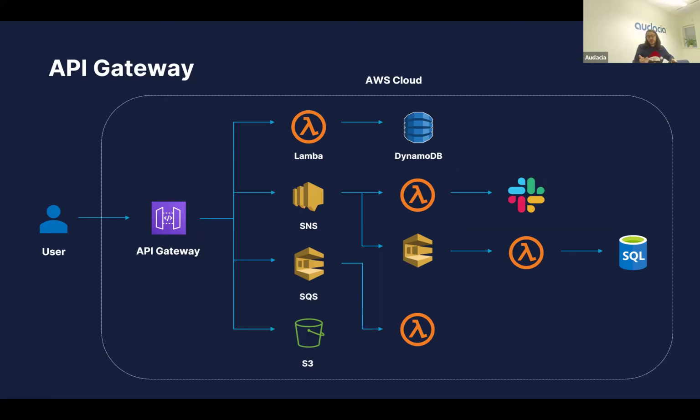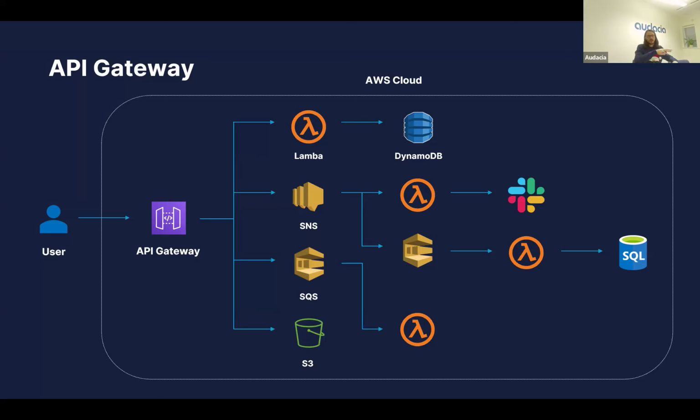If you haven't used API Gateway, it's the same as APIM, API Management in Azure. And if you haven't used either of those, it's basically a one-stop shop for hosting all your APIs within AWS or Azure. And from there, you can just combine all your performance and security and scalability all in one place.